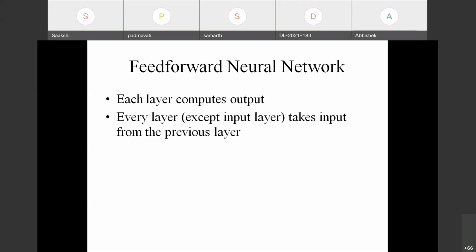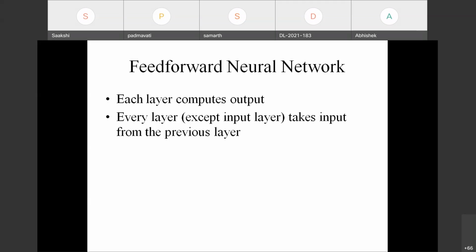So here we mean that every neuron in each layer computes some equation, fine, and that equation has the data plus it needs to have some parameters, right?